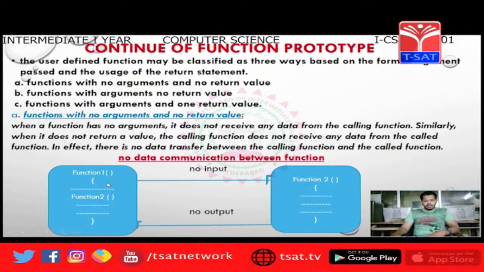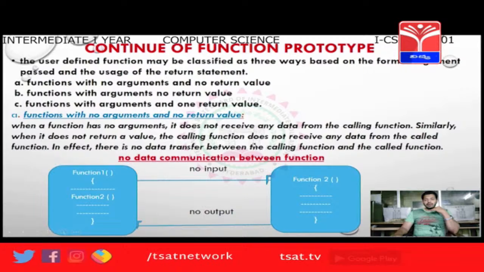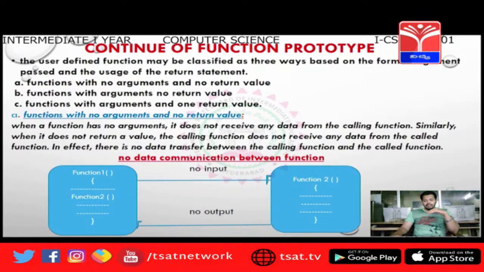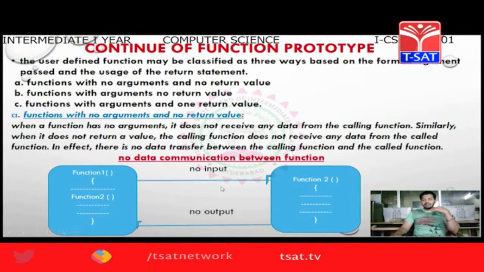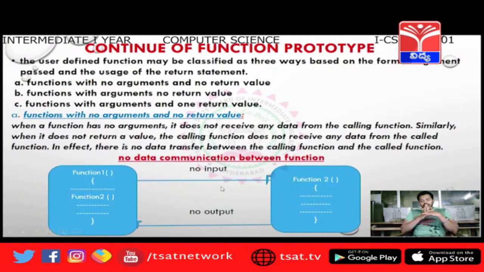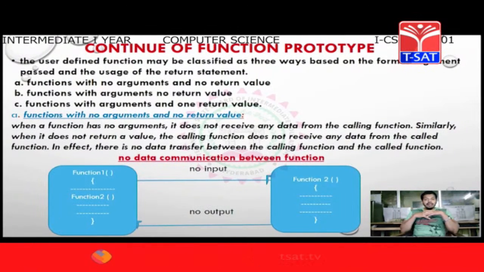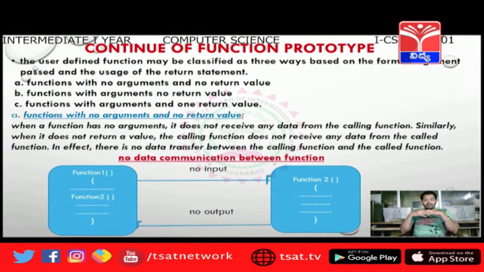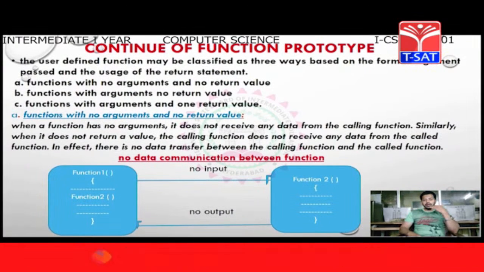Here I give one diagrammatic example for the communication of data between two different functions. Here the function has no argument. When it has no argument, it does not receive any data from the calling function. Similarly, it does not return any value.